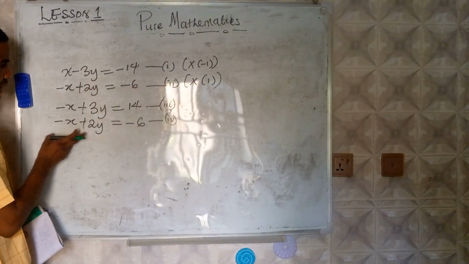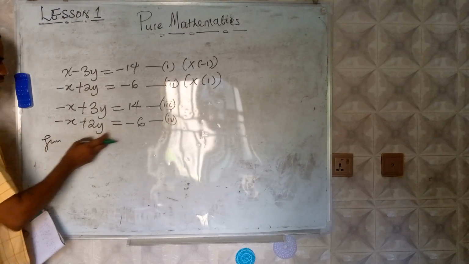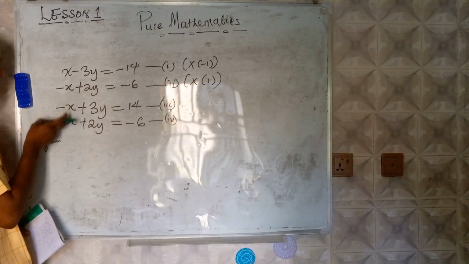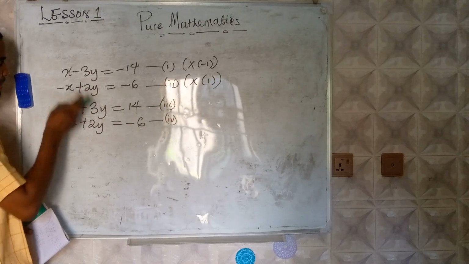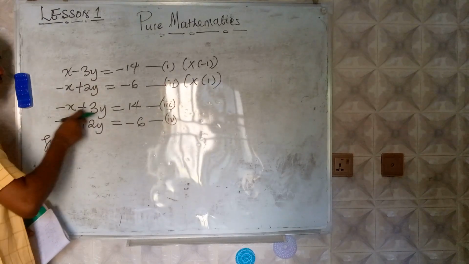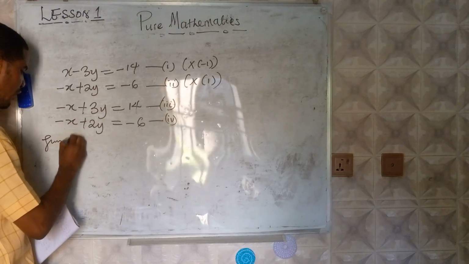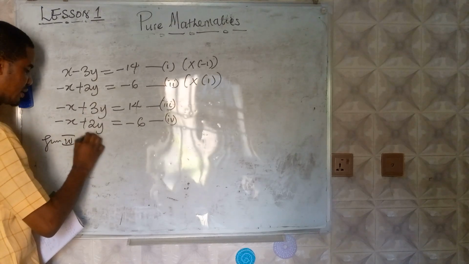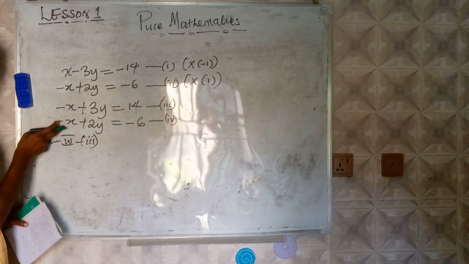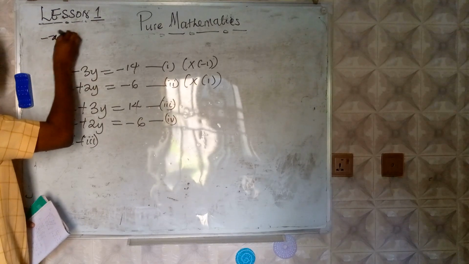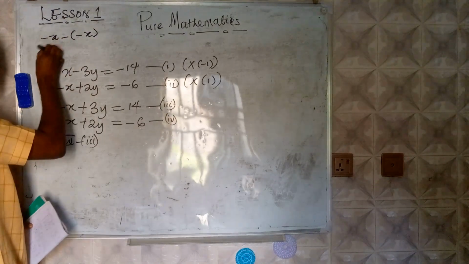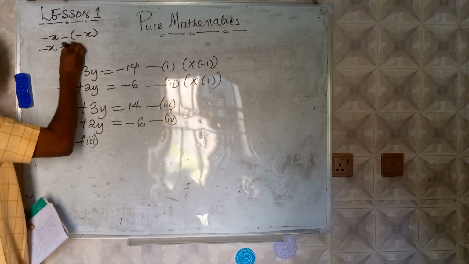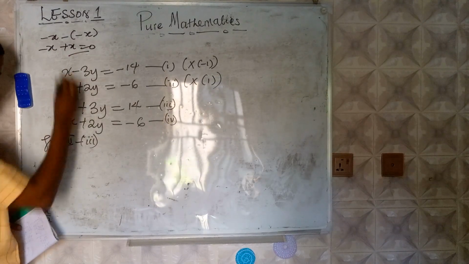I'm now going to do equation 4 minus equation 3. So that will give me minus x minus minus x, which is minus x plus x, which is 0. So that will go.